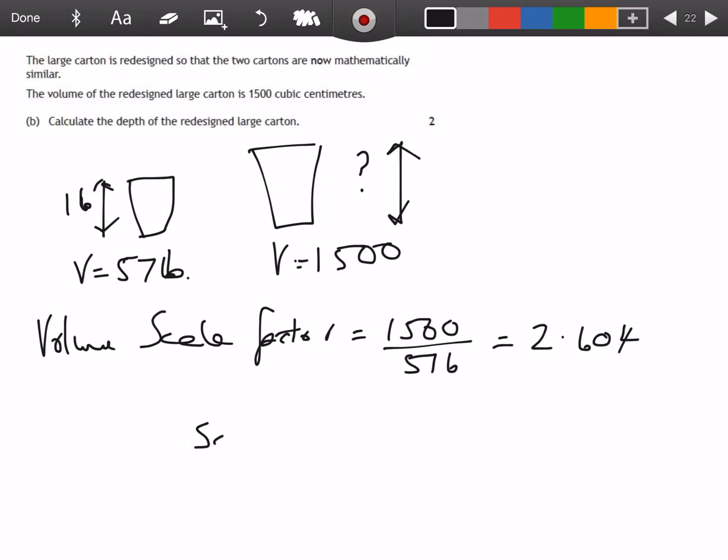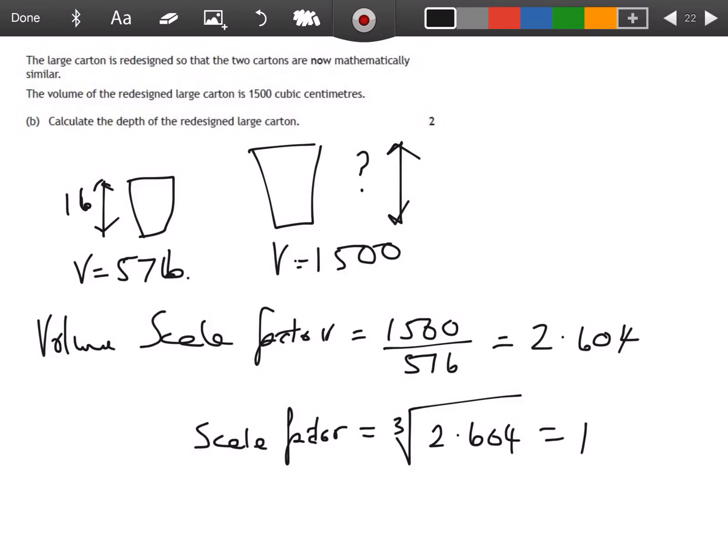To actually get the normal scale factor, think of what we've done with the scale factor in the first one. We took the scale factor and then we cubed it. We're working backwards. We're trying to work out the normal linear scale factor. To find the linear scale factor, you don't cube this, we do the reverse of it. We do what we call the cube root of it. Okay, the cube root, you should have a wee button on your calculator that works out the cube root.